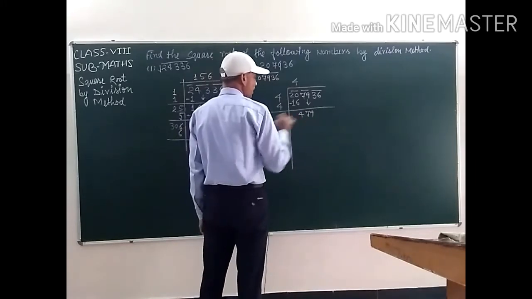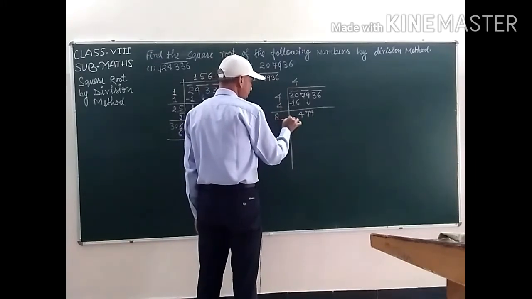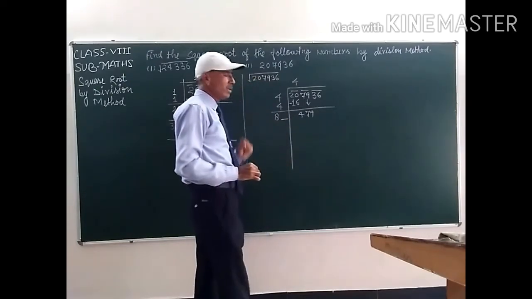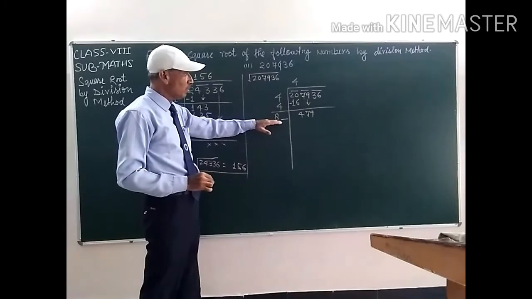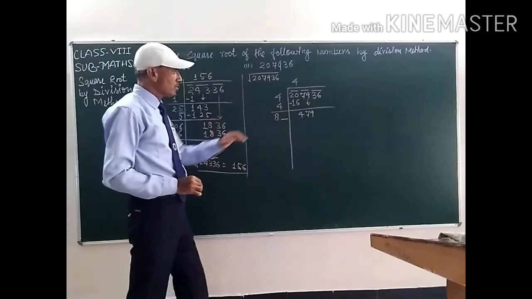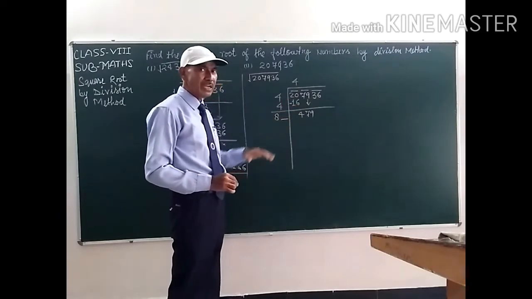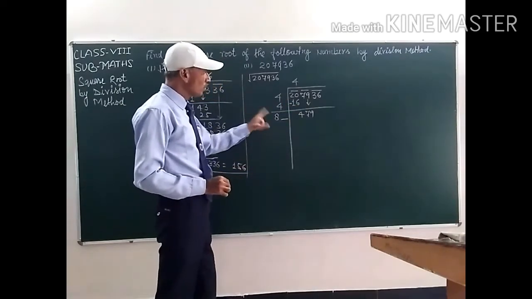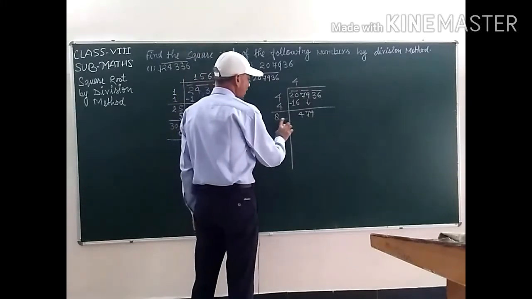This number is 479, and 8, and make a blank to its right. The place value of this number is 80 to 89. So 8 times 5 is 40, 8 times 6 is 48. So you have to take a number that is 5.